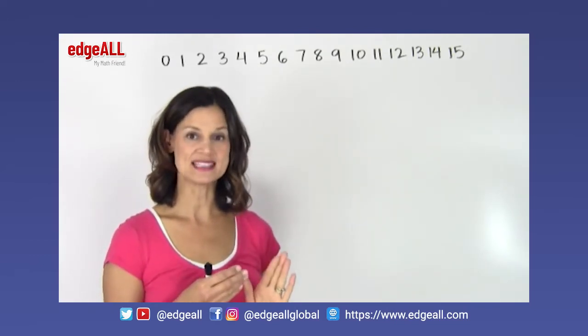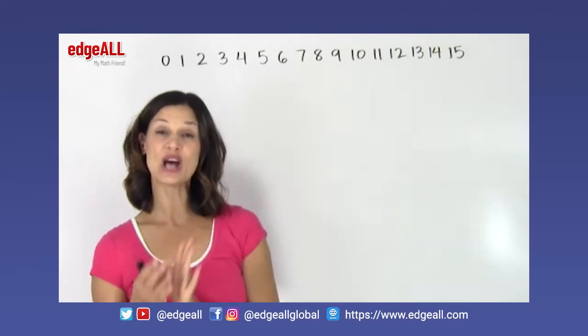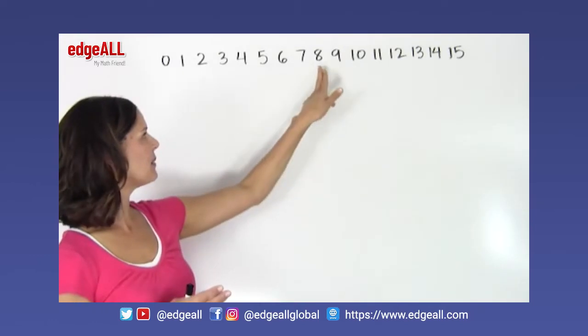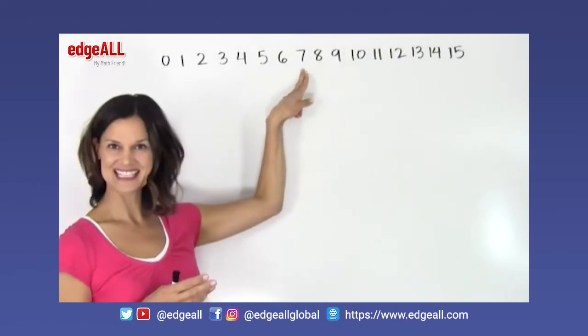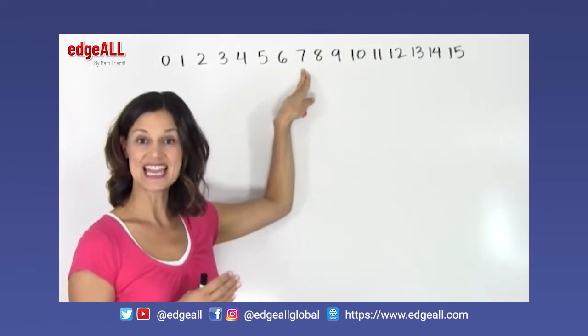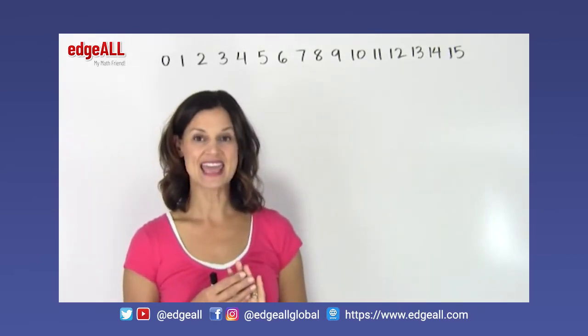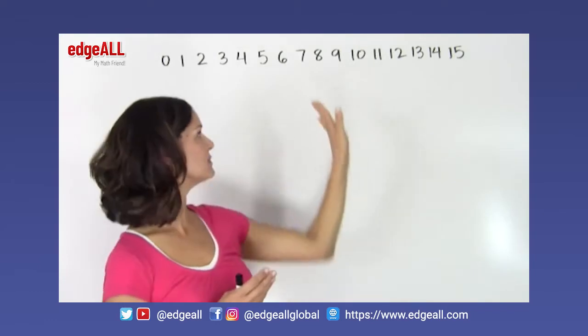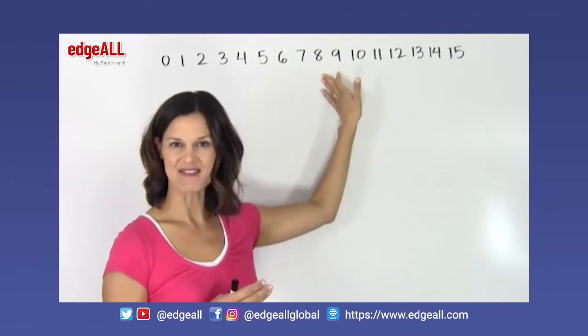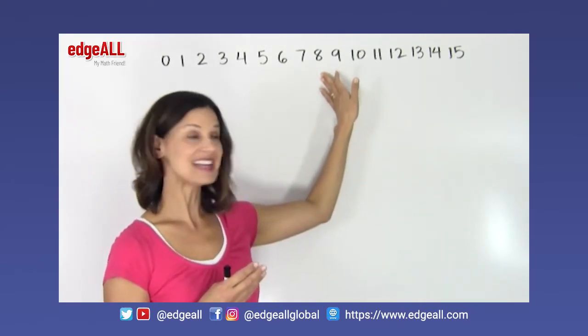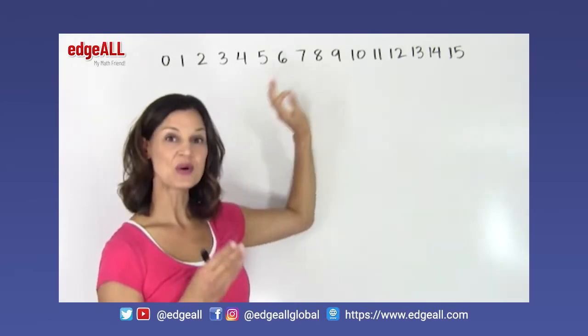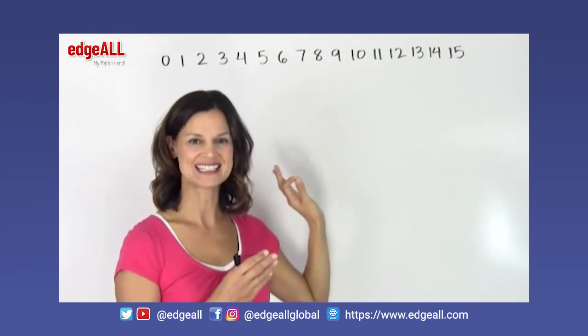Previous means the number one lower. So the number previous to 8 is the number 7. You can also say that 8 comes right after 7, or that 7 comes right before 8.